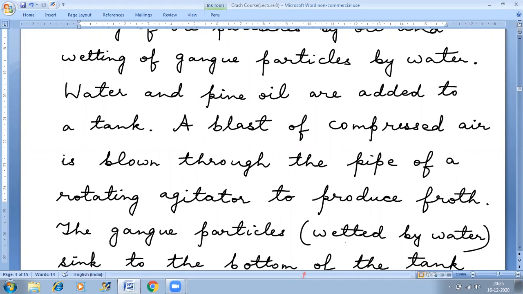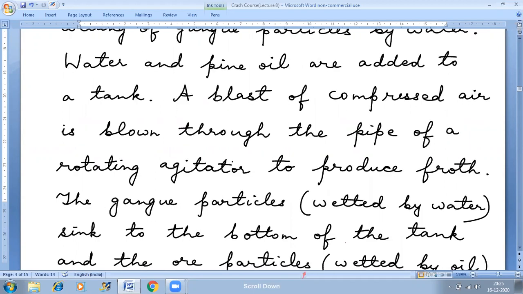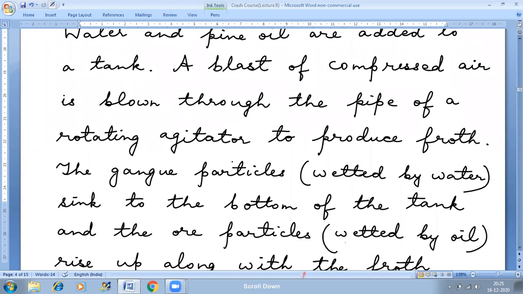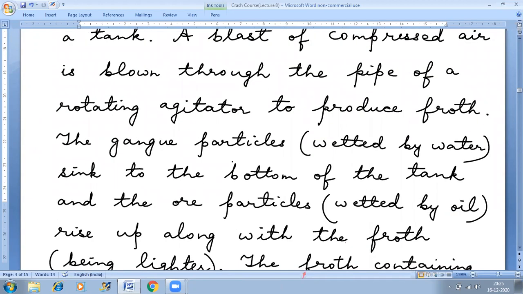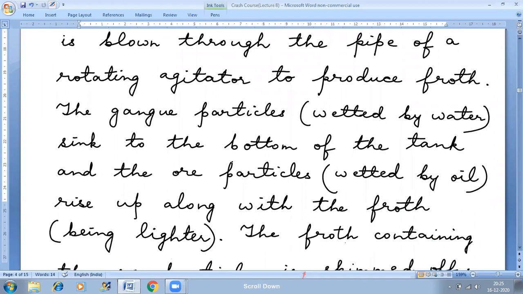Now, the gangue particles are wetted by water, so they will sink to the bottom of the tank, whereas the ore particles wetted by oil rise up along with the froth. So now we have separated the gangue from the ore particles. How?